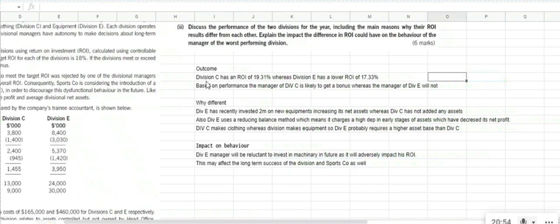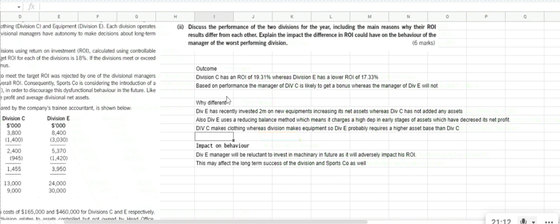Looking at the performance, Division C manager will get a bonus. Division E manager will not get a bonus. That is what we have clarified. Why will he not get a bonus? Because Division E has recently invested, added to assets.